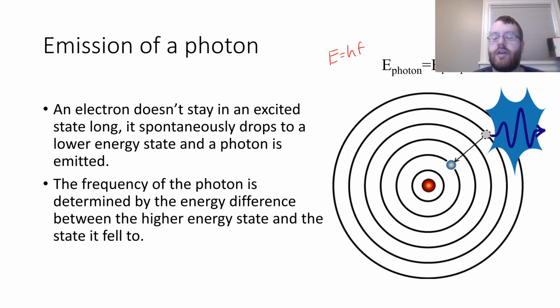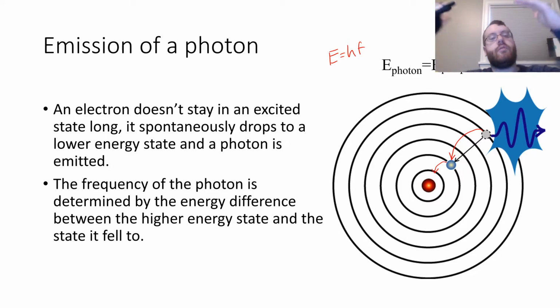So in this case, we have a blue photon created when it's moving from this higher energy level to the n equals 2 state. Now, do note that it doesn't always drop immediately down from the highest level all the way down to the lowest level, to the ground state. Sometimes it can take steps in between, which is showcased here as it jumps from, what is that, 1, 2, 3, 4, the n equals 5 down to the n equals 2 state, and then eventually it would drop down from the n equals 2 state back down to the n equals 1 state.